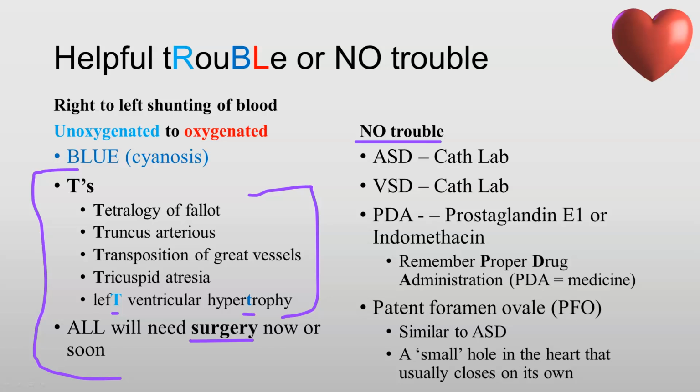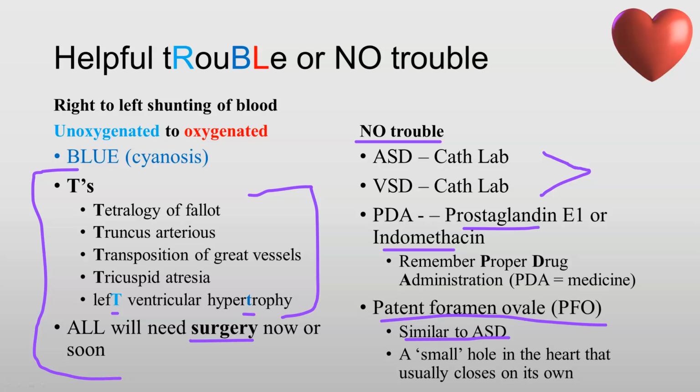No trouble, your ASDs, VSDs, PDAs, and down here is the only time I really talk about the patent foramen ovale. Remember I said it's similar or it's in the same area as our ASD. So these can usually either be handled in the cath lab. We can give prostaglandin, indomethacin, so PDA, remember proper drug administration.